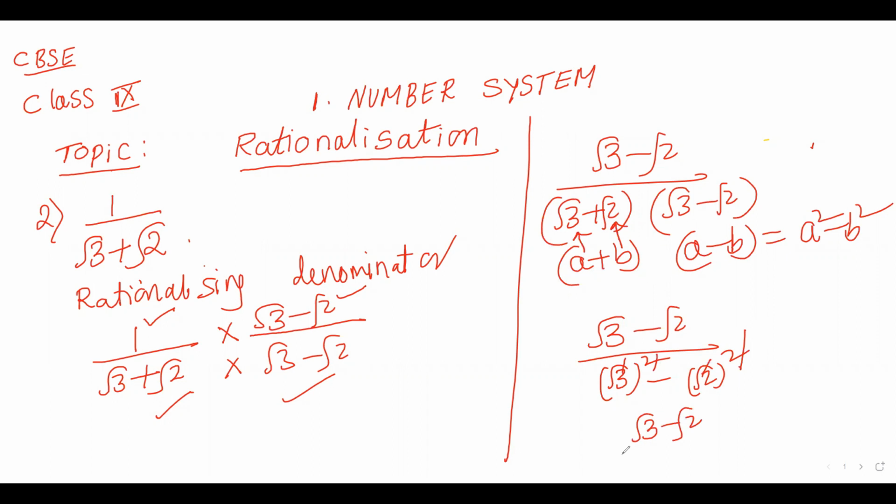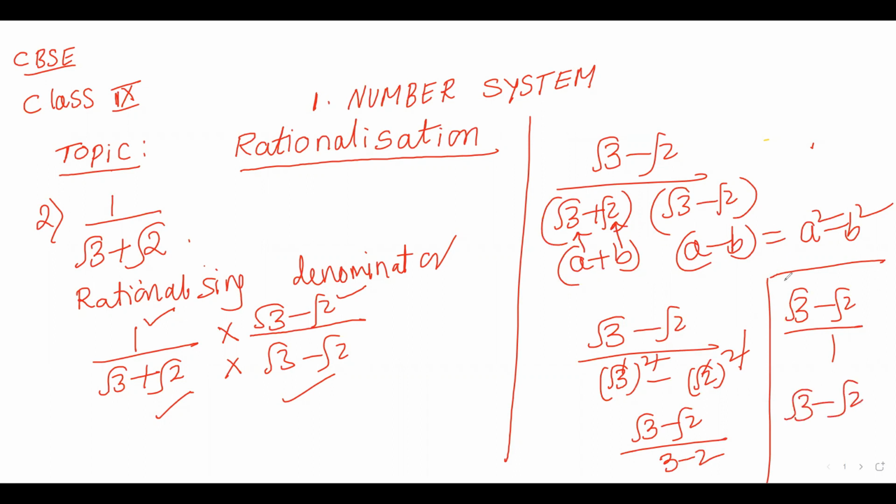Root 3 minus root 2 by, after cancelling square and root, 3 minus 2 left, subtract, 3 minus 2, root 3 minus root 2 by 1. So 1 has no value in the denominator, so your answer is root 3 minus root 2. That's it.